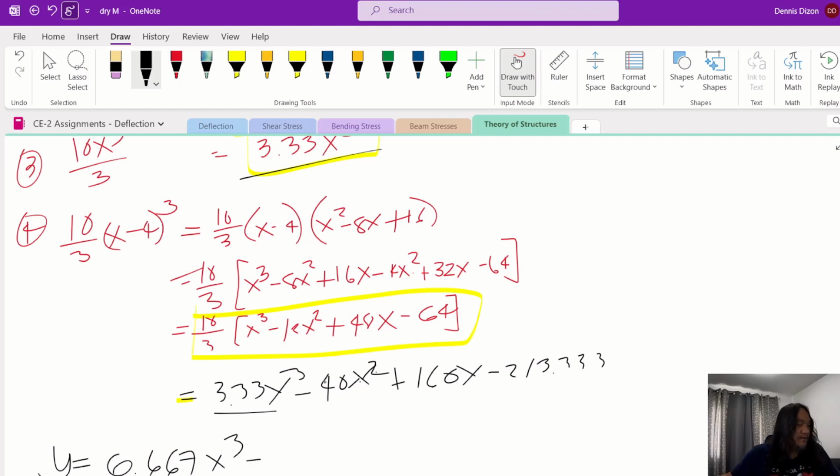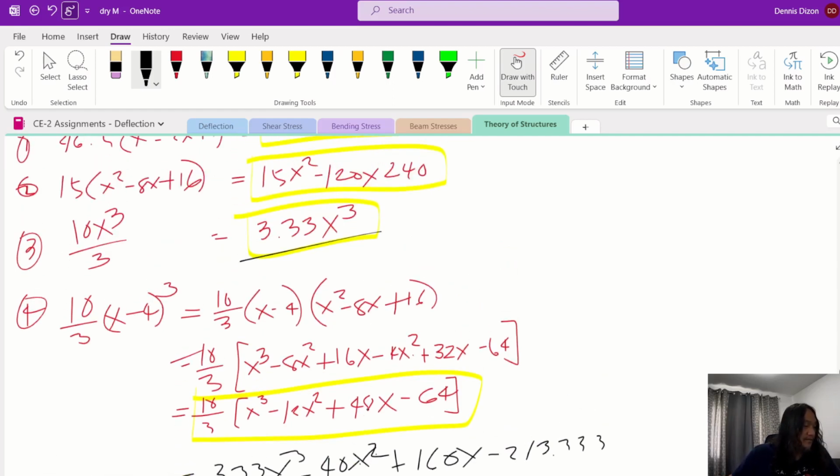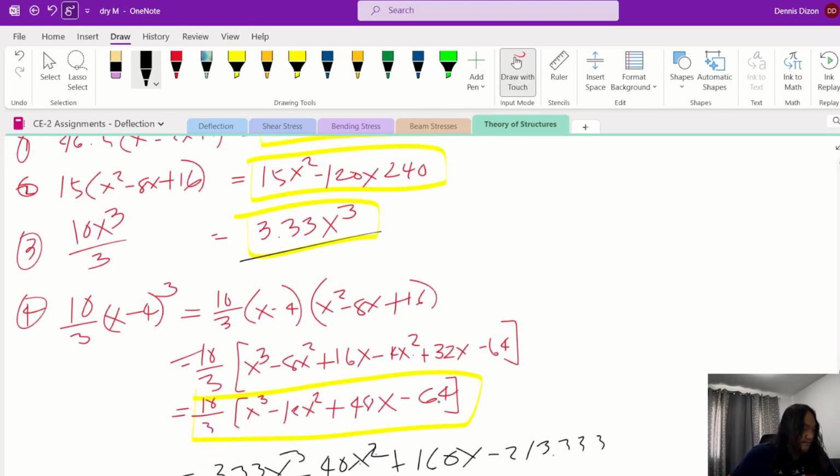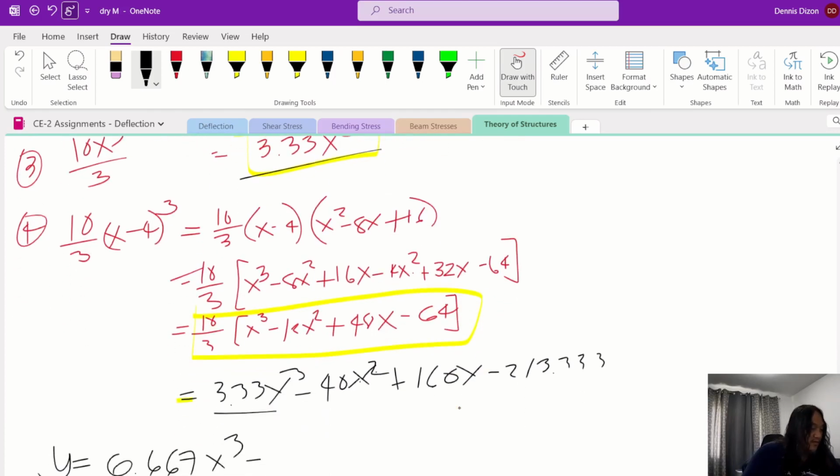And then for x squared, we have 46.5 plus 15 minus 40, which is plus 21.5x squared.